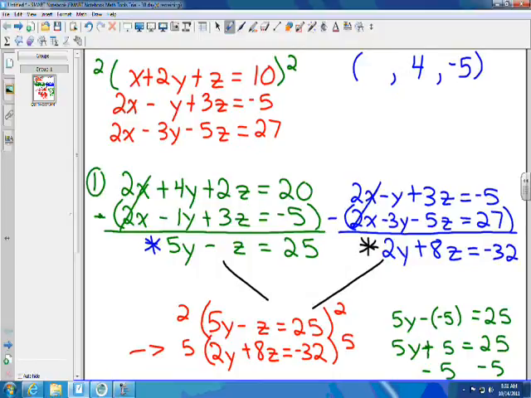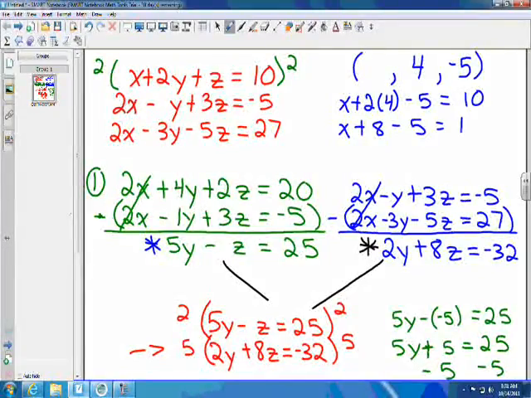So x plus 2 times 4 minus 5 equals 10. So what's x? x equals 7. So that's your answer, that ordered triple, 7, 4, negative 5.